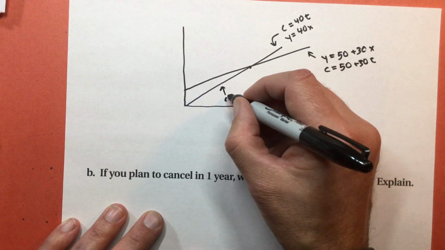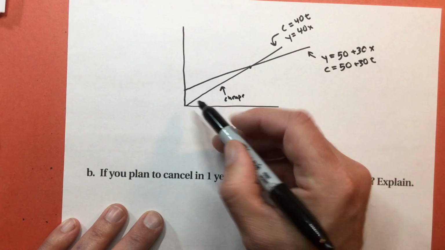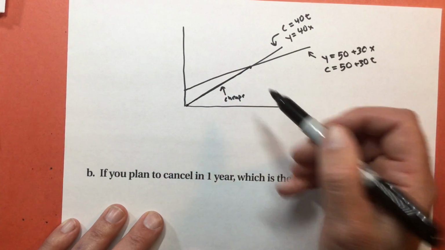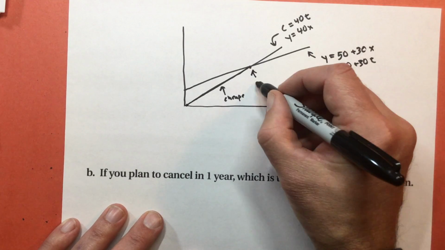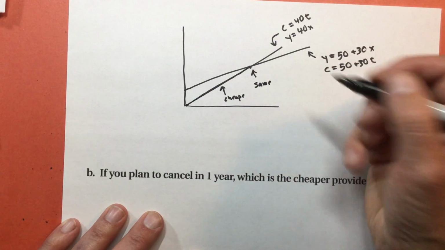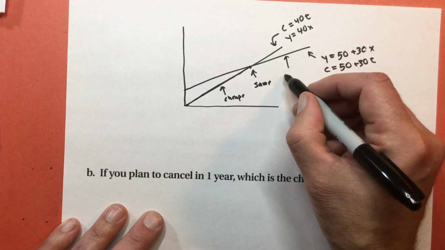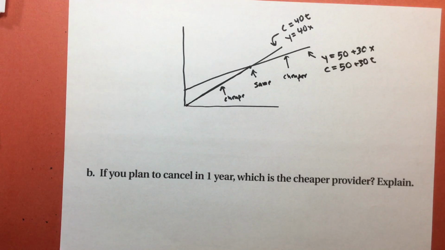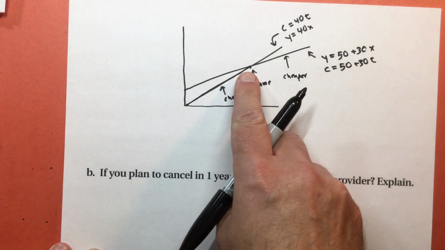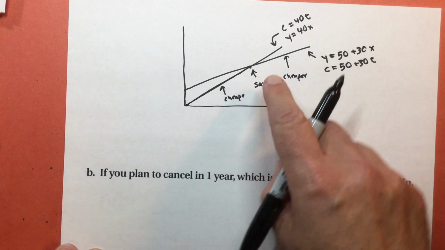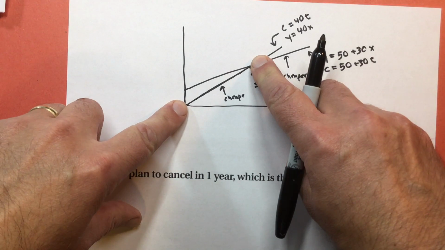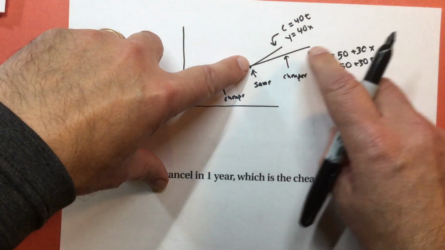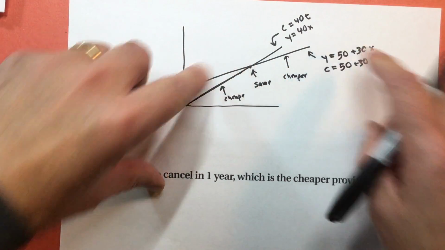This right here is cheaper from here to here, but then they are the same, and now this line is cheaper, so it switches. So if I can figure out where they're the same and decide I'm only going to have the service up until that point, I know which one's cheaper. But if I'm going to have it after that point, the other one is cheaper.